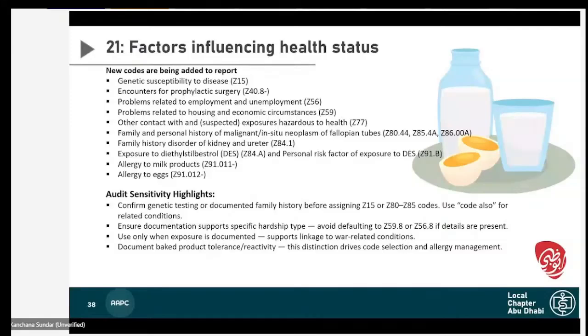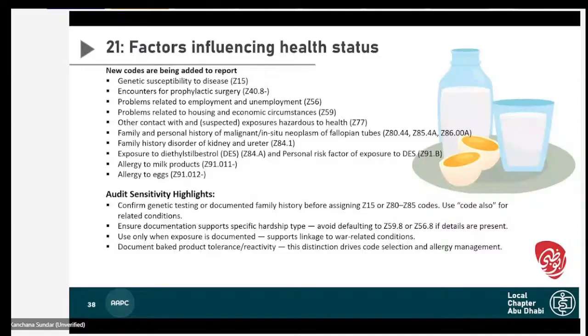I really wanted to emphasize this point again and again because of the importance of SDOH, the social determinants codes, which are gaining importance now in all the industries, and a lot of grants and policies definitely influence the gain and loss of the patient. So ensure that we are all understanding the impacts and coding the hardships of employment, unemployment, housing and economic circumstances with complete attention to the documentation.